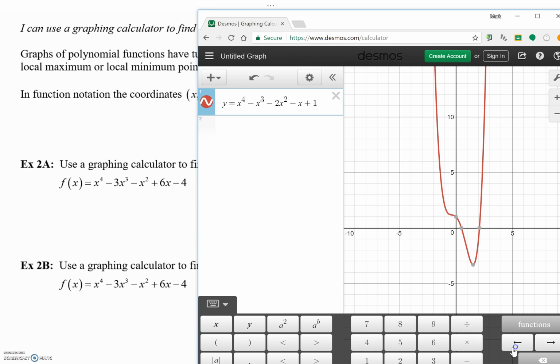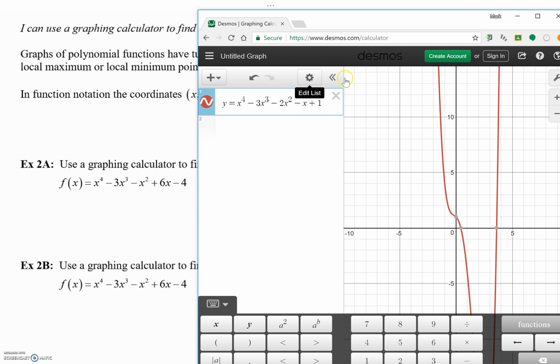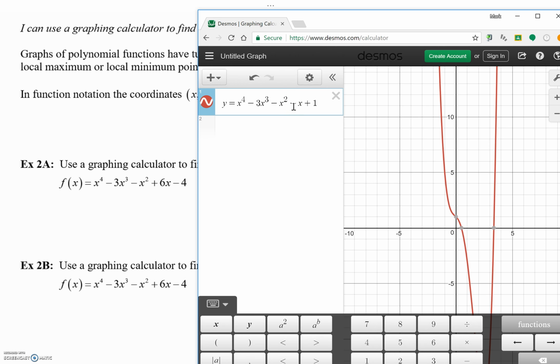You just got to be patient with getting this thing typed out. Now look, if you know that you're typing out x to the 4th minus 3x cubed, you don't have to erase everything. You could just go back in and make slight changes. That's another really cool part about using Desmos.